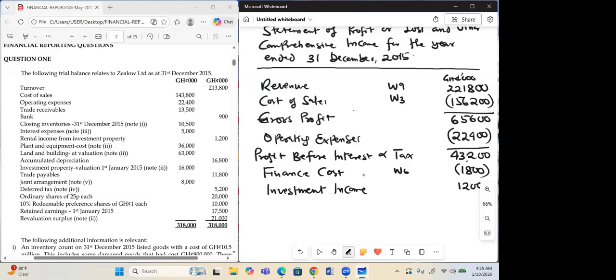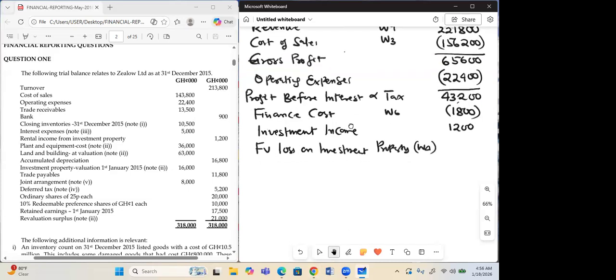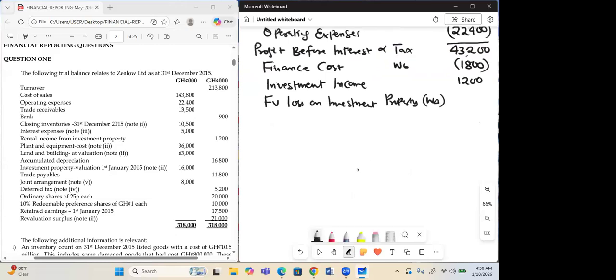Then we had a fair value loss to P&L. Do you remember? In our working, we got some fair value loss on the investment property. That one is 2,500, working number 4.